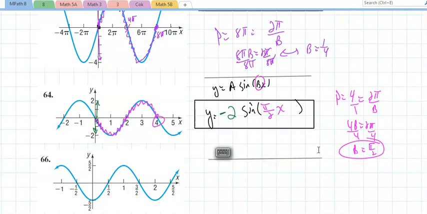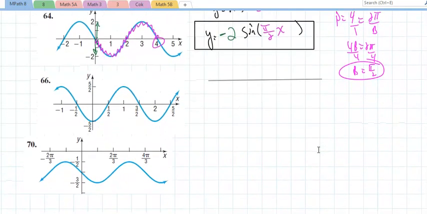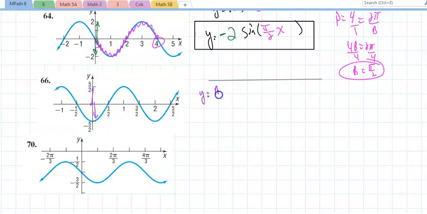If I look at number 66, I notice again, if I work from here up and down, it's 5/2, but it's starting at an amplitude, so y equal a the cosine of bx. Y will equal, since it's 5/2, and if it's reflected, that's a negative, cosine of bx.